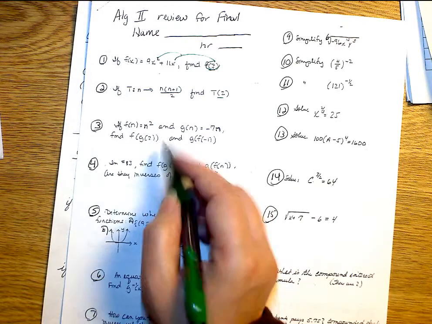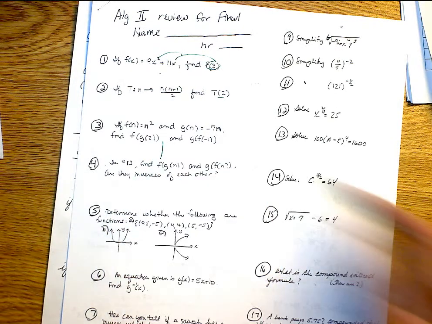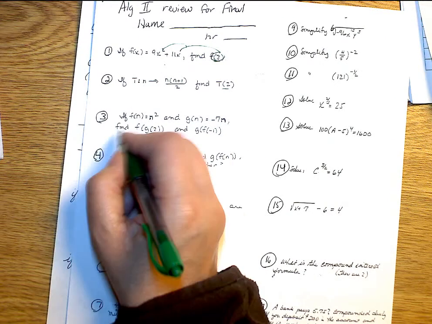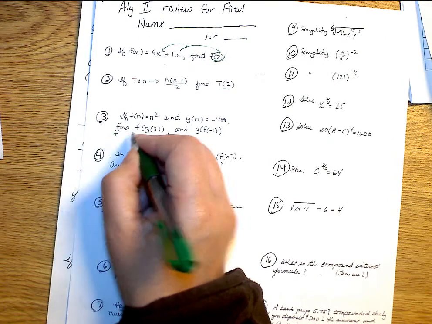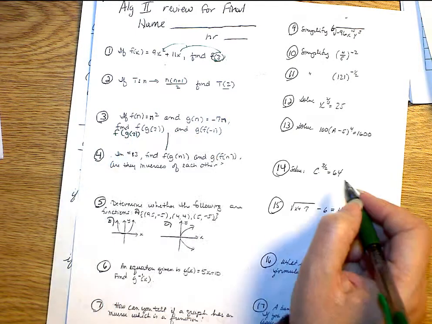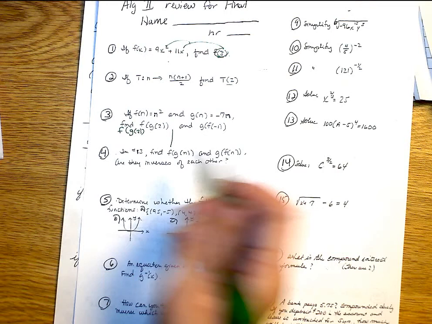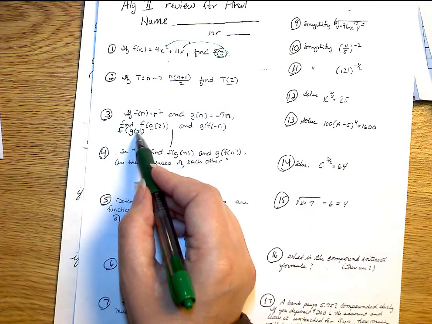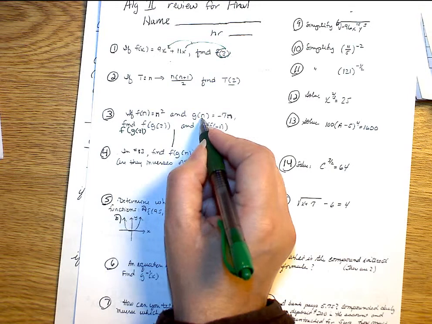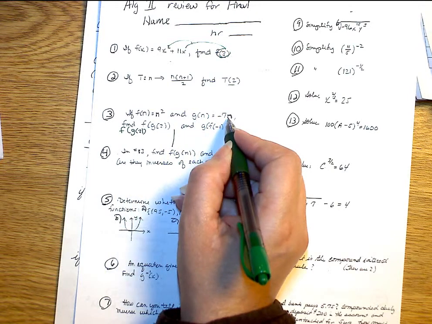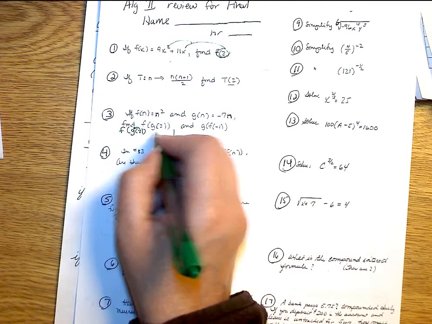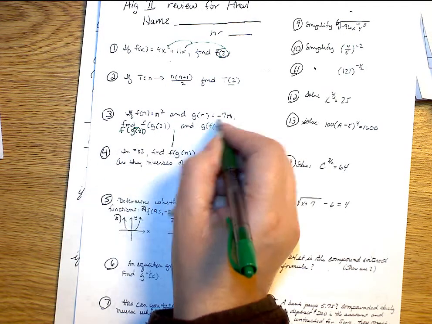Number 3, I'm going to do one of them, and then I'm going to leave you the other one because there are 2 here. The first one I'm doing is f of g of 2. The first thing we have to do is find what g of 2 is. So g of n is negative 7n, so I'm putting a 2 in for my n value of g.